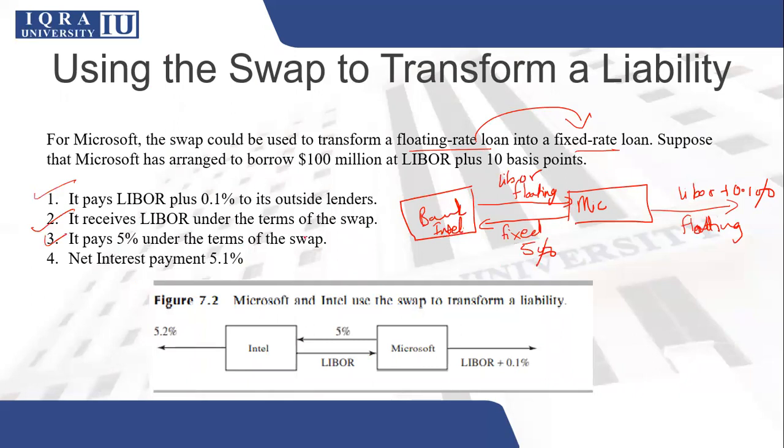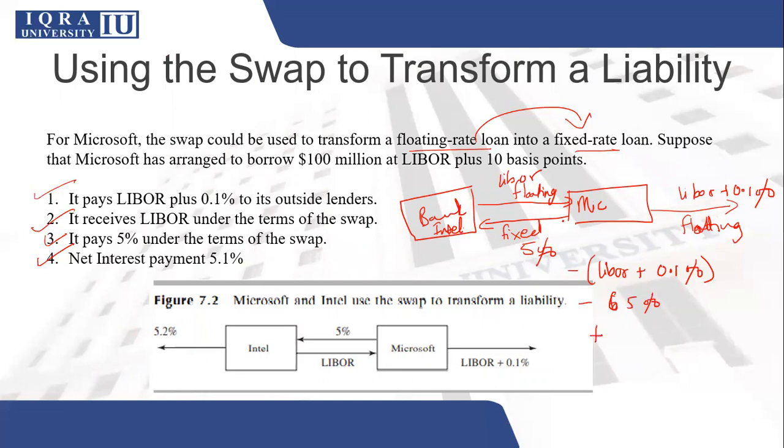So what is the net interest payment? It is going to be a fixed 5.1%. You have actually converted the floating into a fixed rate. Now, how did this happen? Let's just write down. It pays LIBOR plus 0.1%. Moreover, you can see it pays LIBOR plus 0.1%, plus it pays a fixed rate of 5%. So I'm going to write this as well: a fixed rate of 5%.